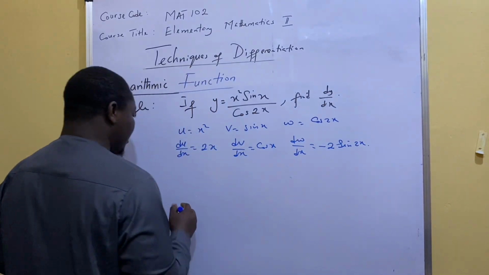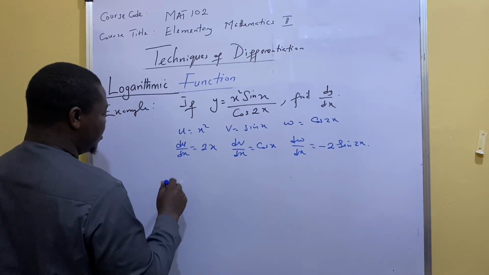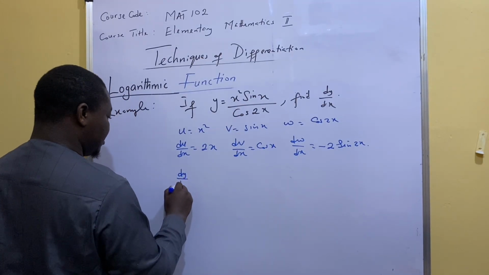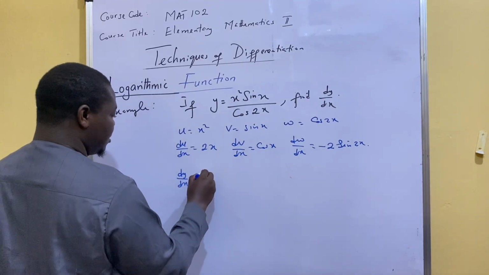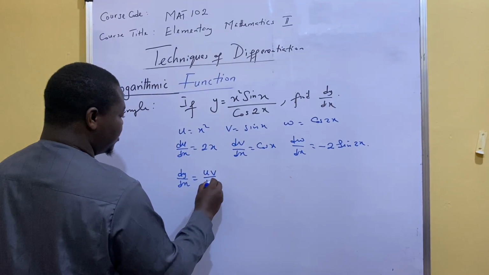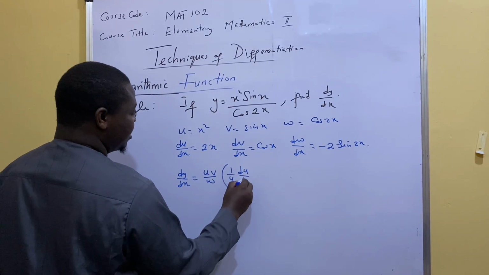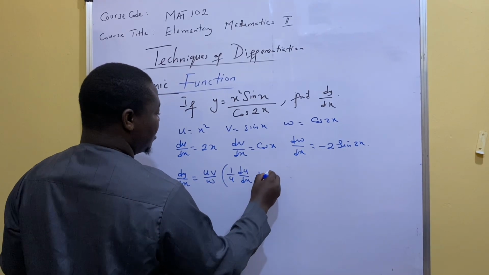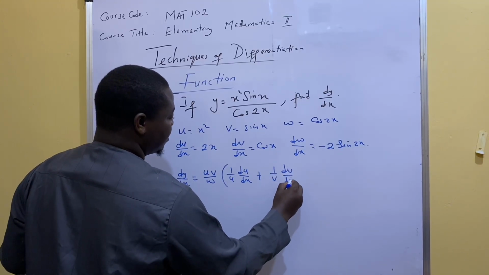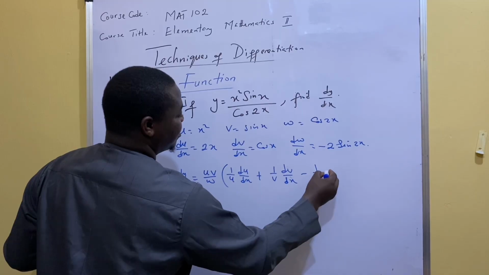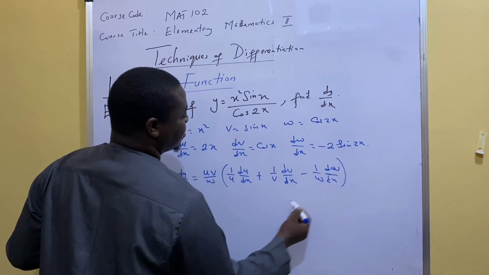Okay, so now recall, we have uv over w. So dy/dx will be equal to uv over w, open bracket, 1 over u du/dx plus 1 over v dv/dx minus 1 over w dw/dx.